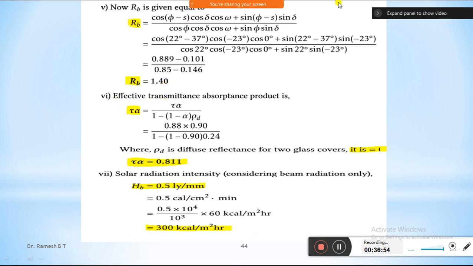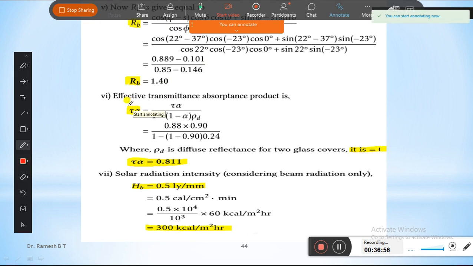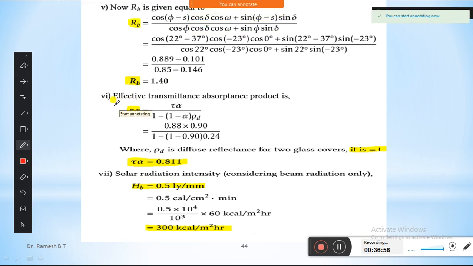The next thing is the effective transmittance absorption product, that is a product of tau into alpha. The tau alpha effective is given by tau alpha divided by 1 minus alpha rho d. We got that alpha value from the given data, that is, the absorption of the cover plate is 0.9.